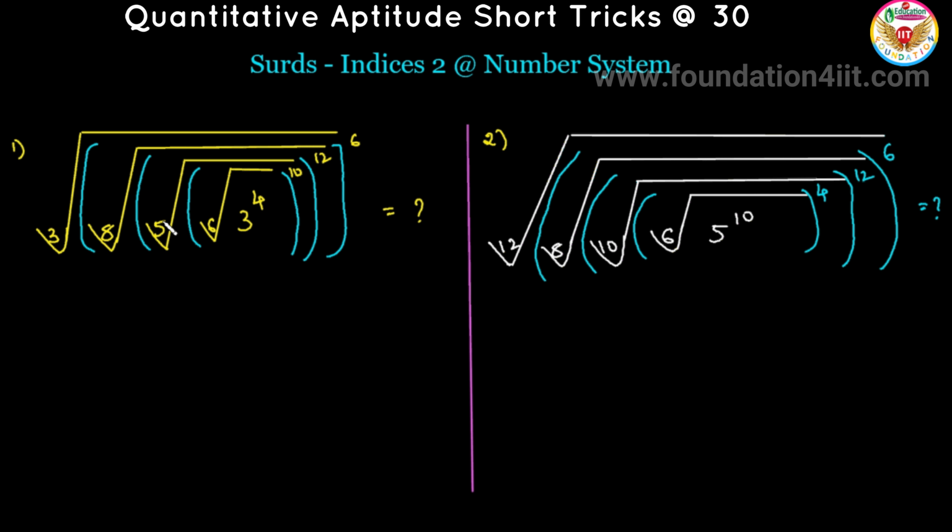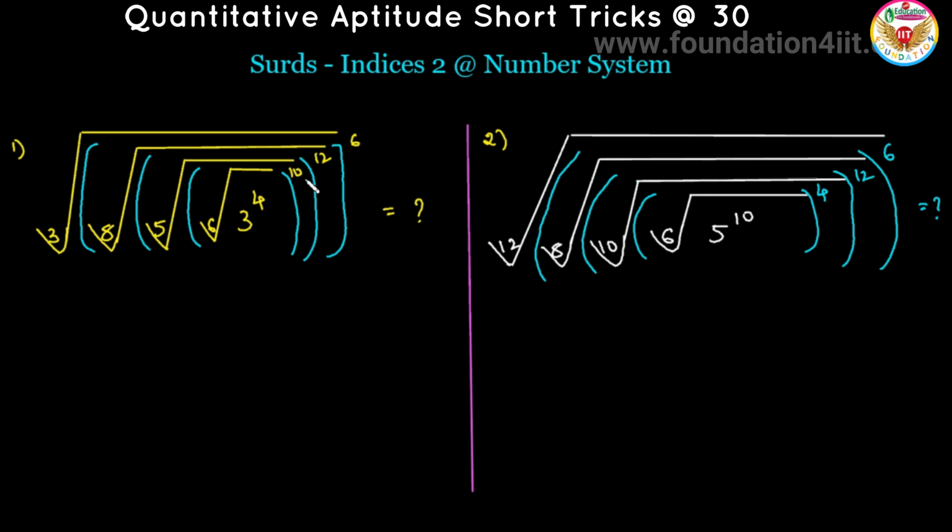So cube root of, in the bracket, again 8th root of, in the bracket, 5th root of this, power 10, power 12, power 6. First, within the middle part, if you observe, the 6th root of 3 power 4. That part is 3 to the power 4, power 10, power 12, power 6.